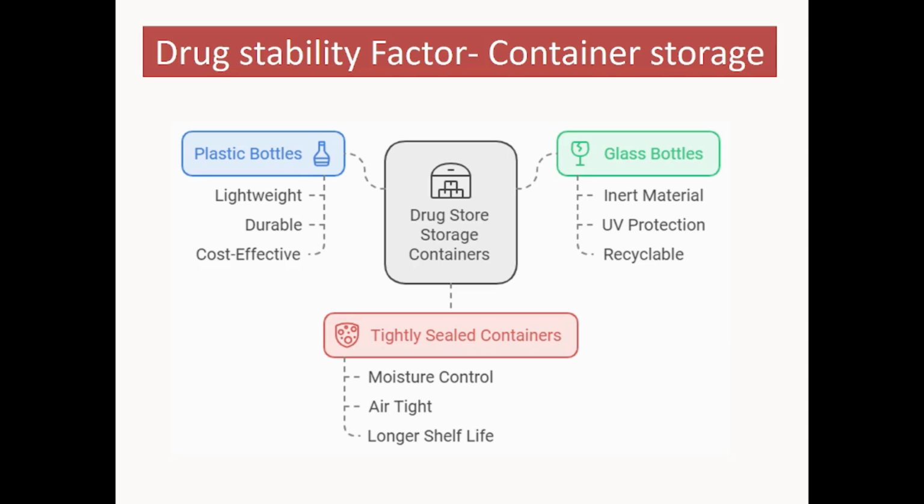Also, drugs that are air sensitive, which degrade or undergo oxidation due to oxygen or air, require tightly sealed airtight containers to control moisture and prevent degradation or instability of the drug.